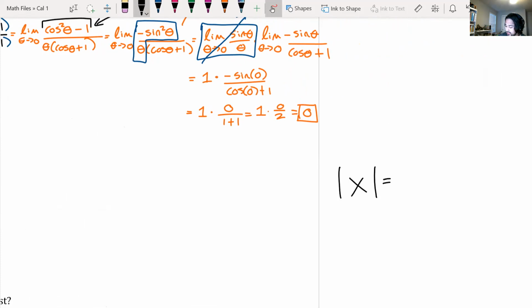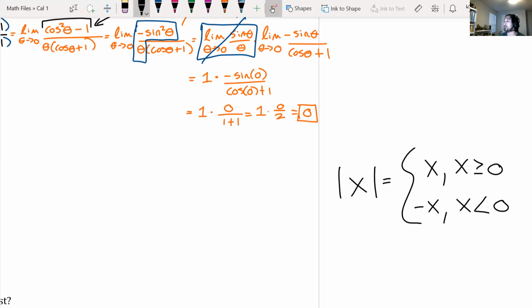Which means that the absolute value of x can be written as x for all values of positive x, this only exists for x values greater than or equal to 0, and negative x for all values of x less than 0. So the absolute value function is also a piecewise function.